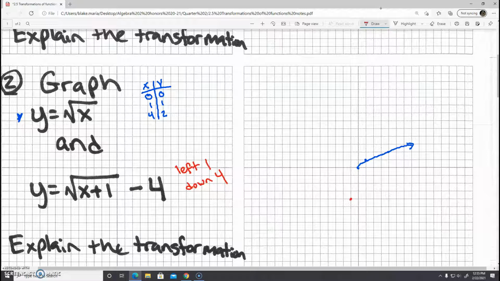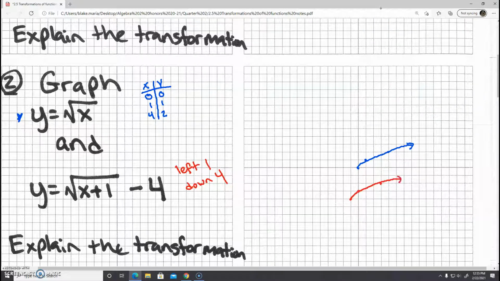And then up 1 over 1, up 1 over 1, 2, 3, and we have that graph. So we have our parent function and our new function, and I explained what happened. Again, this is what I'm expecting in your homework tonight. I want you to explain and graph both.